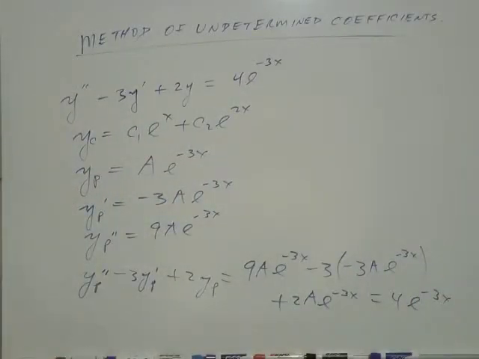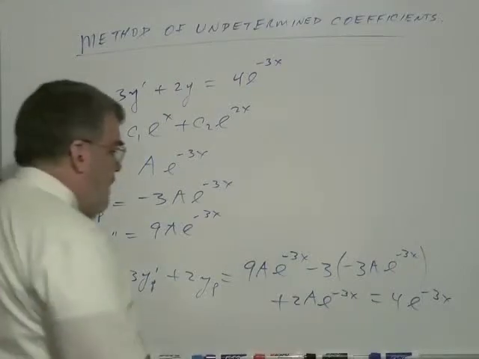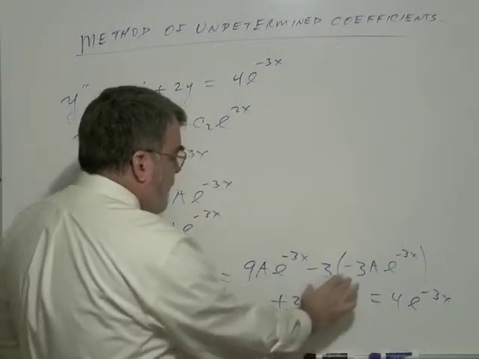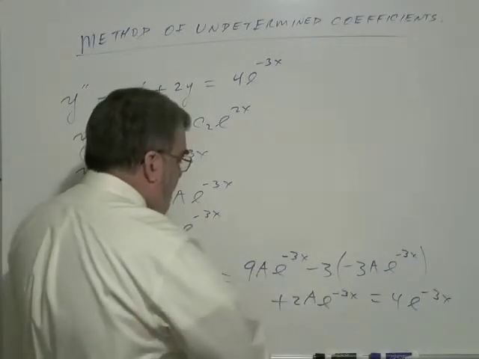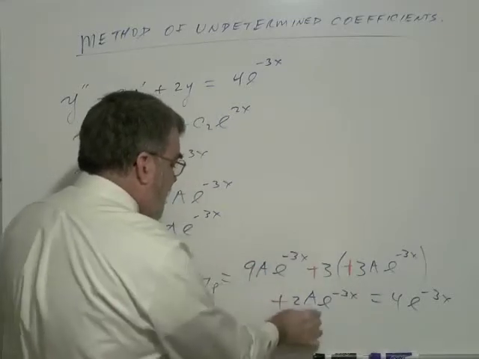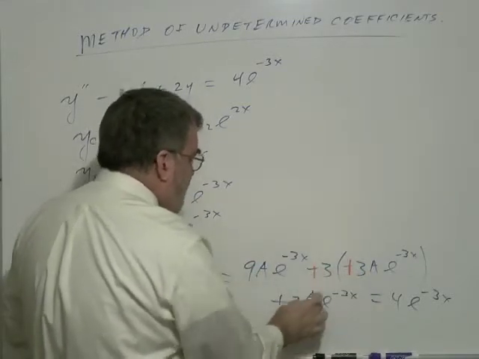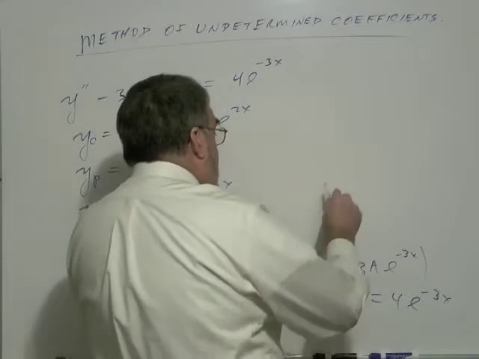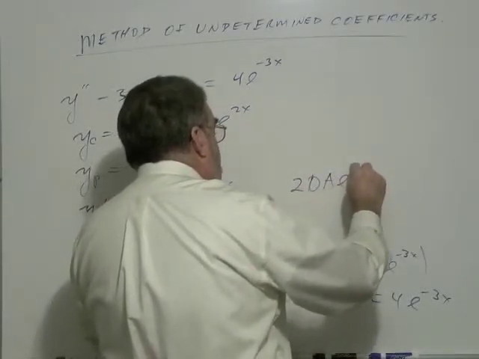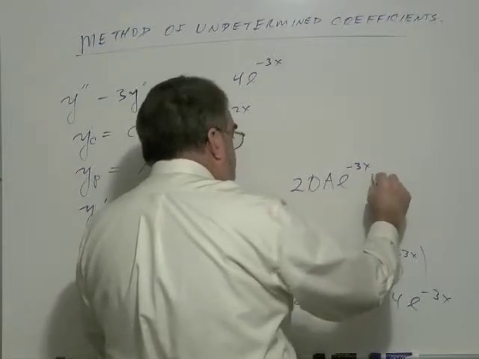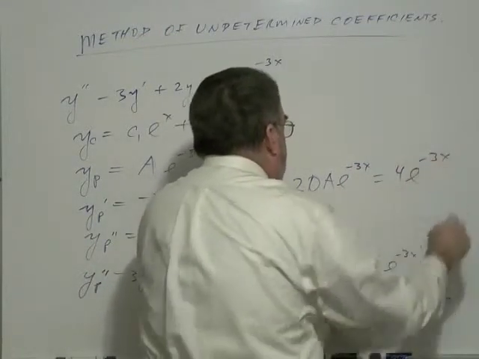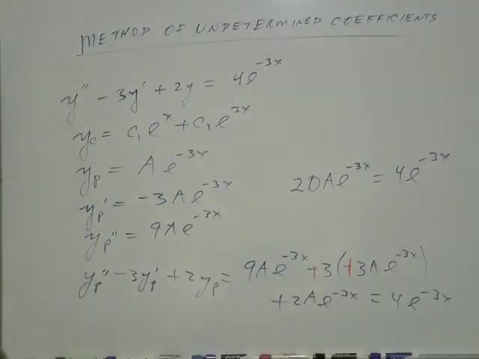So let's go ahead and distill this down. When I look at this part of the equation here, I'm going to have 9a plus 9a and plus 2a, so 9 plus 9 plus 2 is 20a. I end up with 20a e^(-3x) is equal to 4e^(-3x). So what does that tell you?